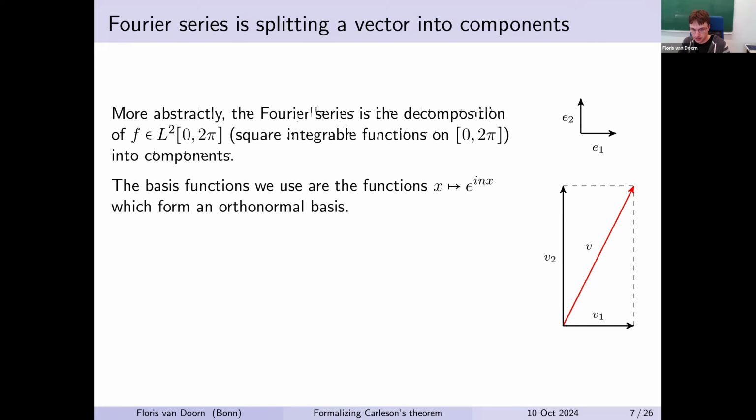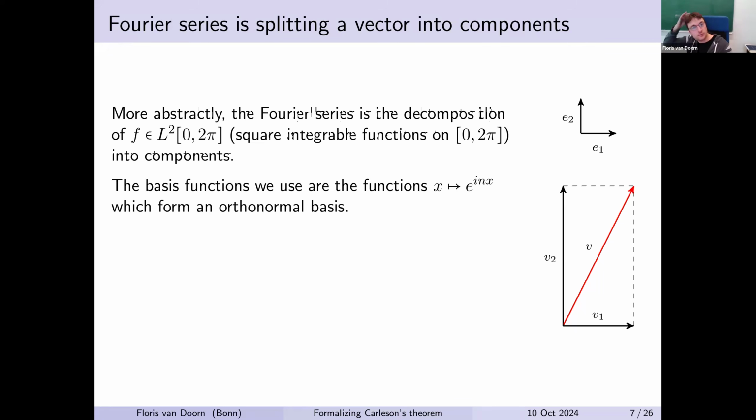In the same way, on the right, if you have a vector in R^n, here a two-dimensional vector, you can decompose it into multiples of basis vectors E1 and E2 of the plane, as a vector in the direction of E1 and a vector in the direction of E2, and then it's the sum.